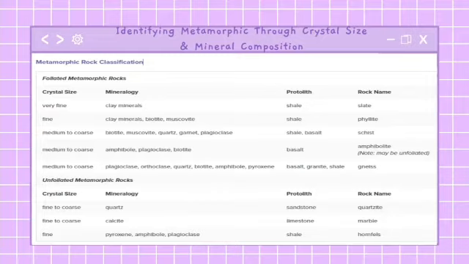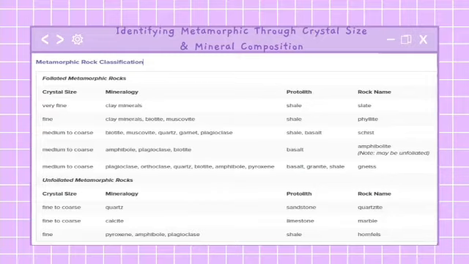If the crystal size is medium to coarse, and the components are plagioclase, orthoclase, quartz, biotite, amphibole, and pyroxene, and the protolith is basalt, granite, or shale, the rock name would be gneiss.